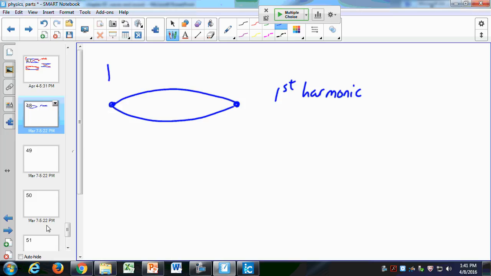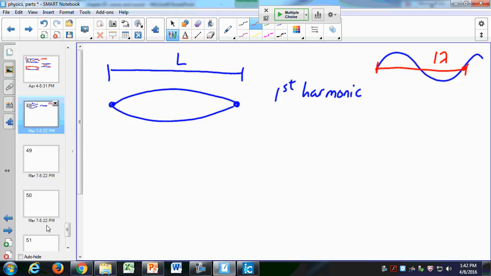We're going to call this distance L. How many wavelengths are in this wave? Remember, think about our wave. Our wave looks like this. Think about what a wavelength is. A wavelength starts at one point and goes to that exact same point on the wave. So that's one wavelength. How many wavelengths are in this wave?